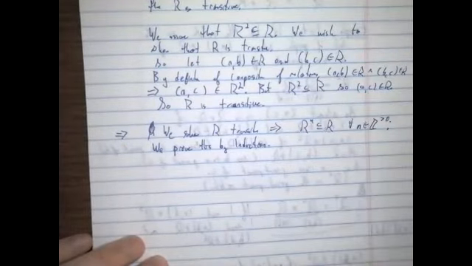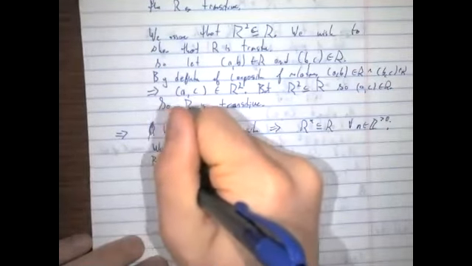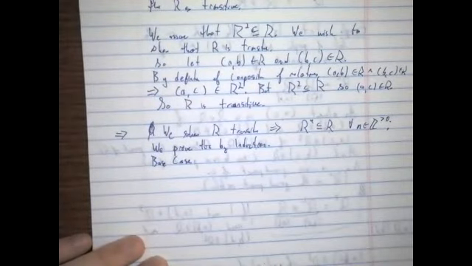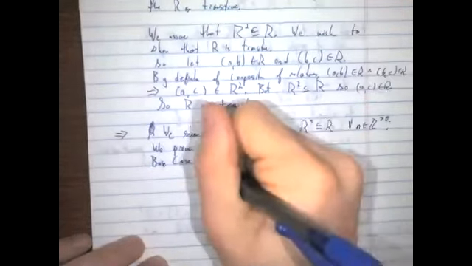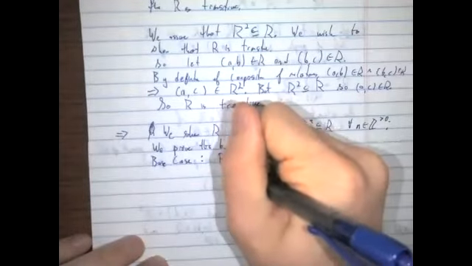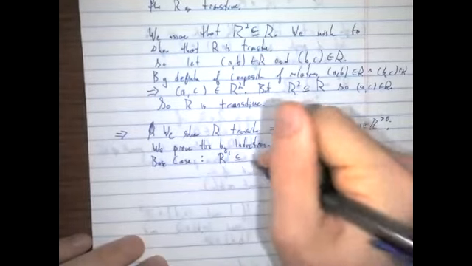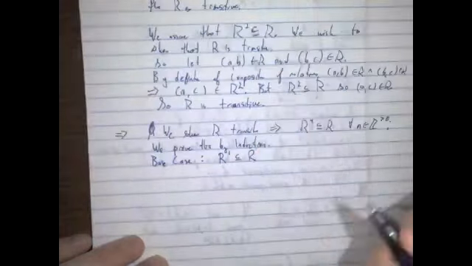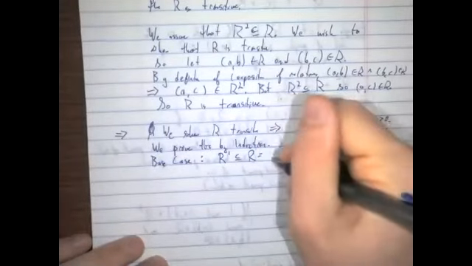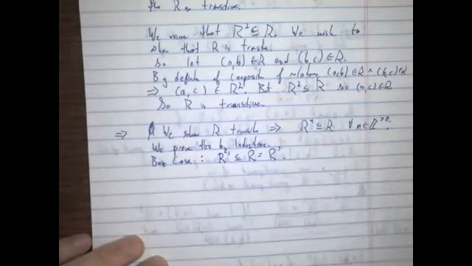What's our base case? Our base case is R^1. I want to show R^1 is a subset of R, but remember R is equal to R^1.